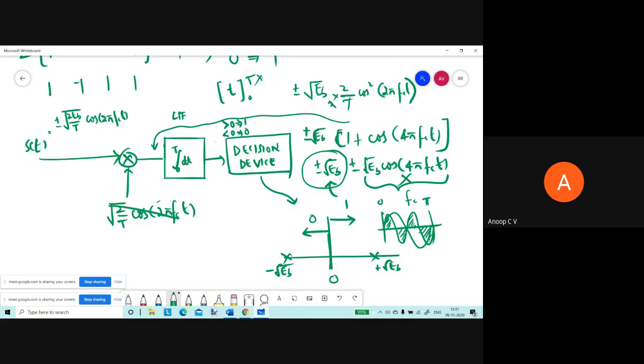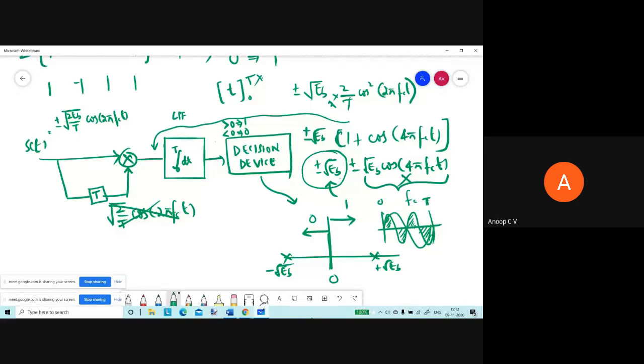But in case of non-coherent detection, we don't have a local oscillator producing a carrier. Instead, we have the S of t itself, with a delay of 1 bit duration, acting as the reference, or acting as the other input to the coherent detector.